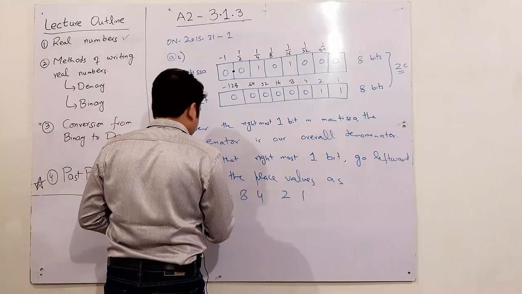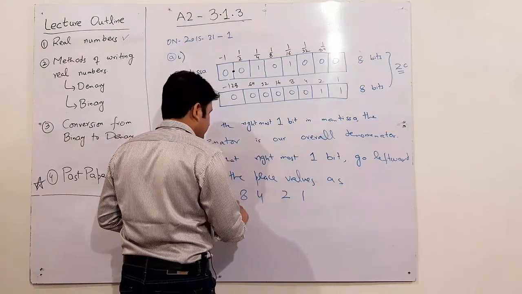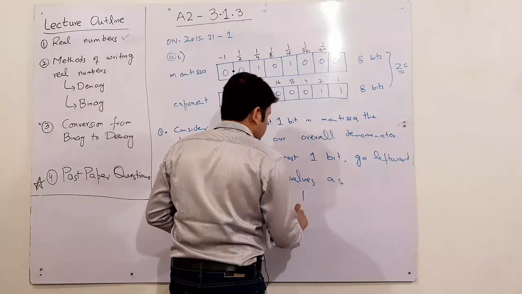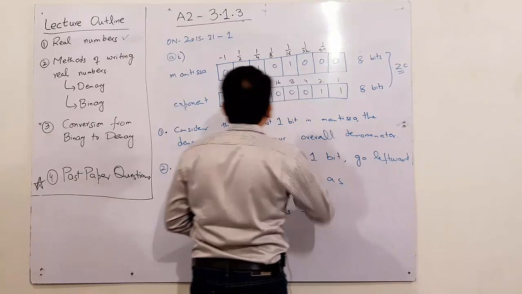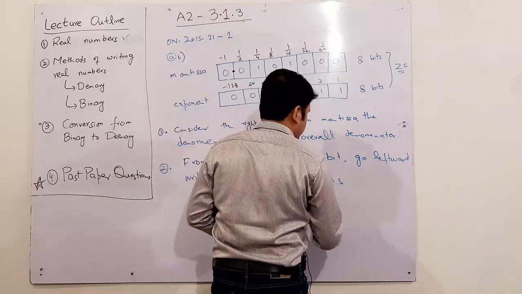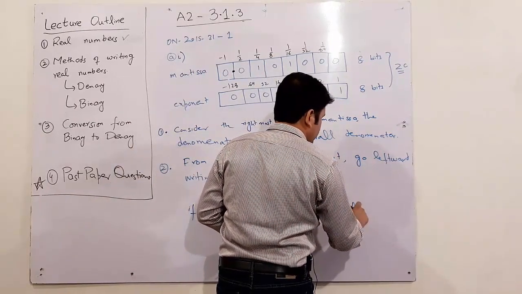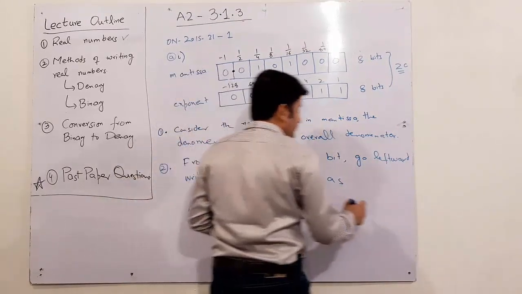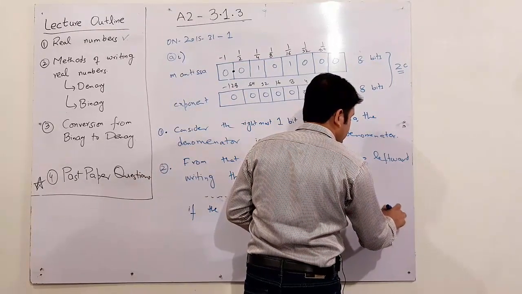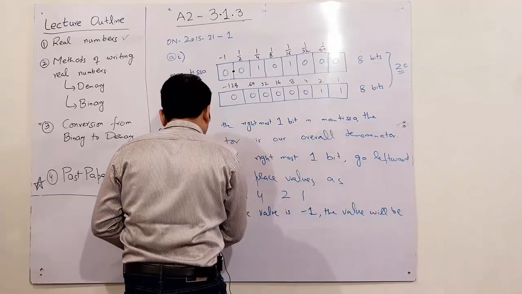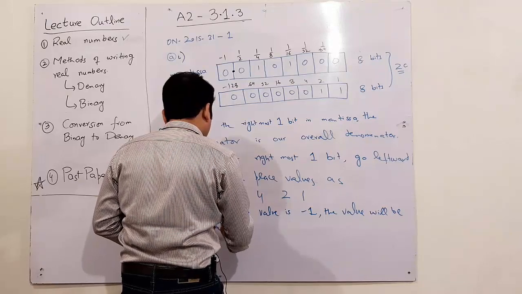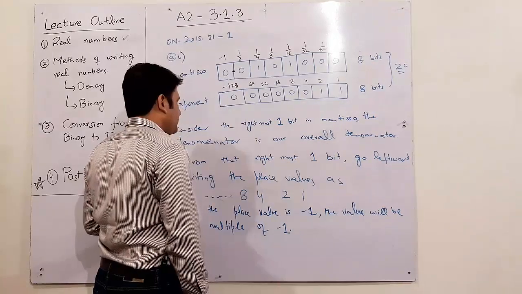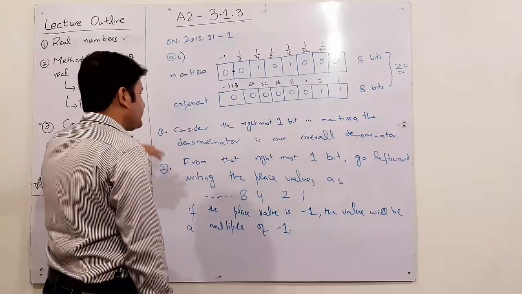And if the place value is -1, which is this, the new value which we are inserting will be a multiple of -1. So you don't need to worry. We'll be discussing these steps in detail.